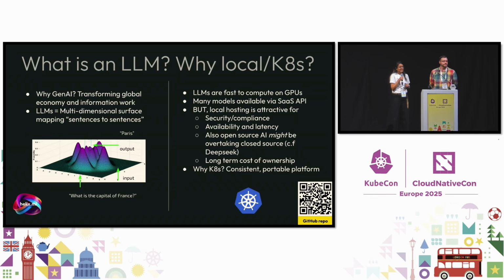The input is a phrase, for example, what is the capital of France? That gets turned into a vector, which is basically a string of numbers. Then you're reading the values of these high-dimensional coordinates, getting the answer, turning that back into a sentence, and returning it to the user.